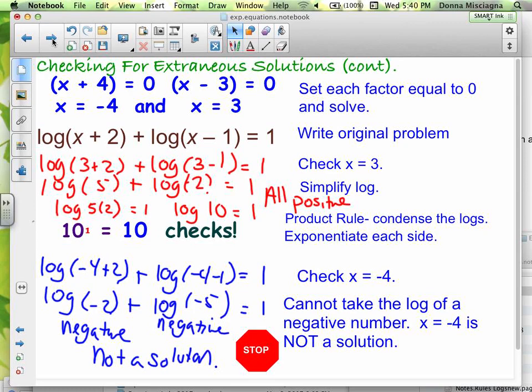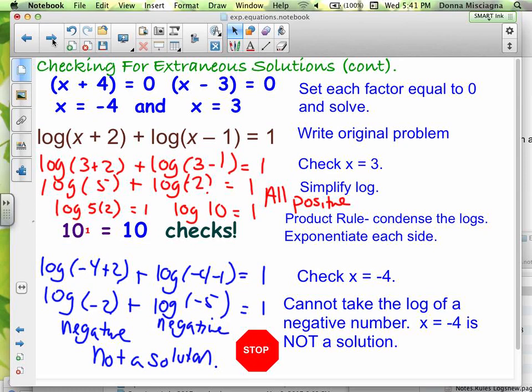If you have log of a negative number, stop. Do nothing else and know that this is not a solution. So there's my stop sign. Feel free to put a big old stop sign in your notes as well so that you stop and you don't keep checking. Oh, it looks like I didn't give you a copy of my check. So go ahead and write in those checks in there.